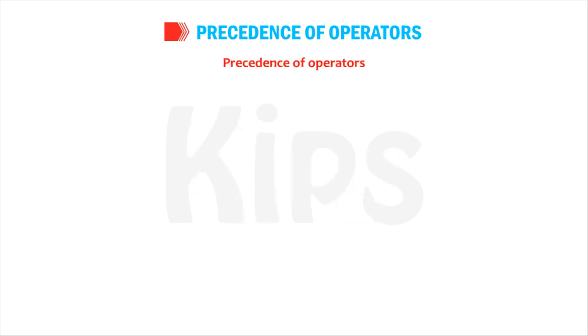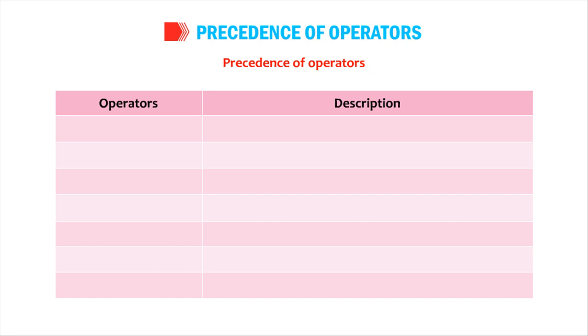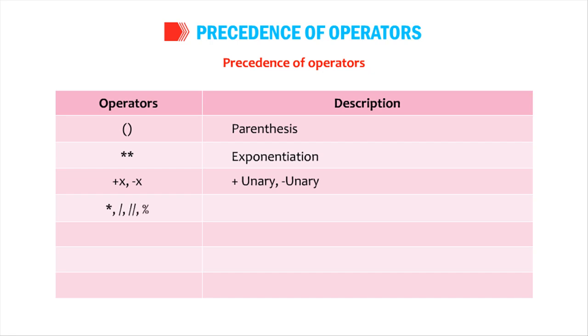Precedence of operators. Operators and description. Brackets: parenthesis. Double asterisk: exponentiation. Plus x, minus x: unary plus, unary minus. Asterisk, slash, double slash, percent: multiplication, division, floor division, modulus.